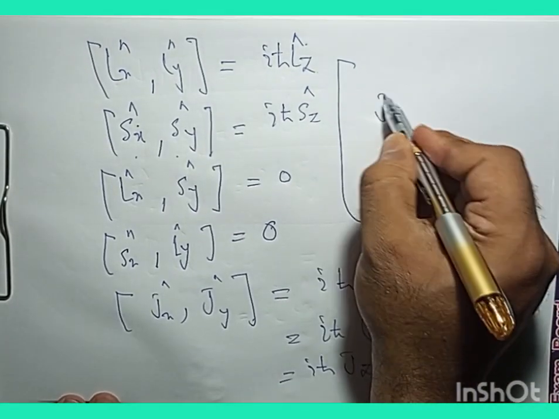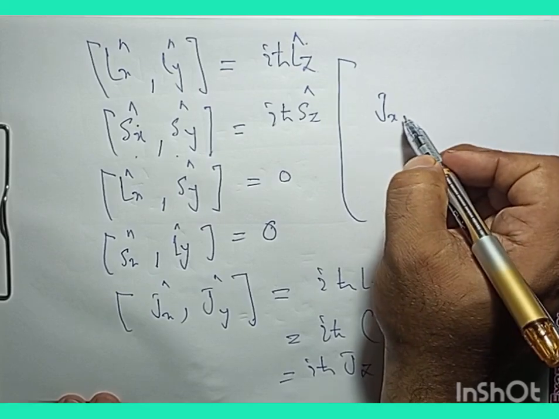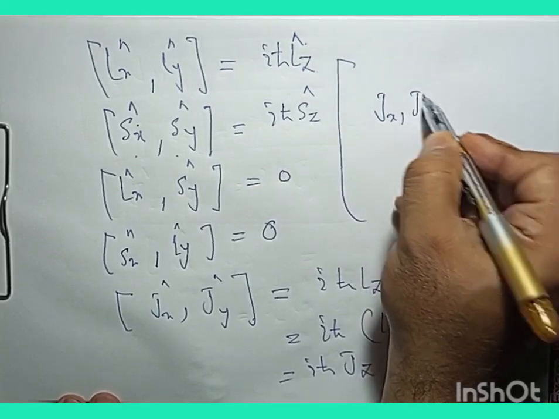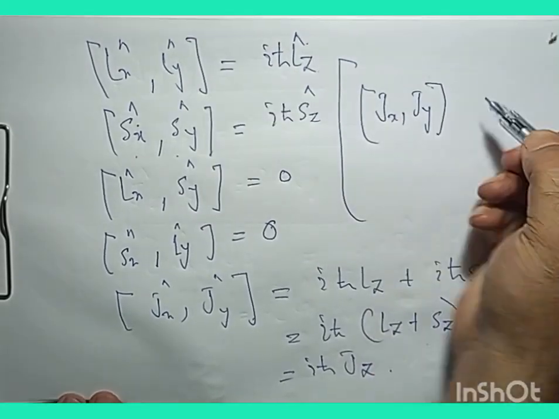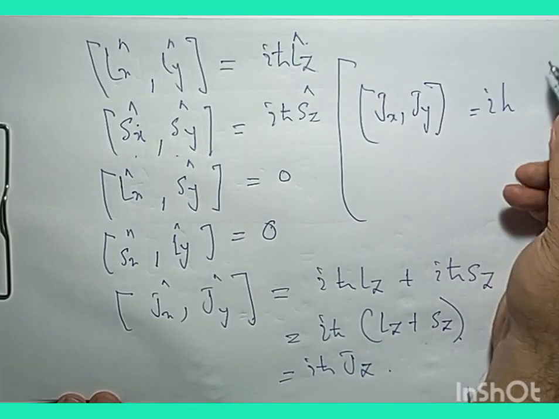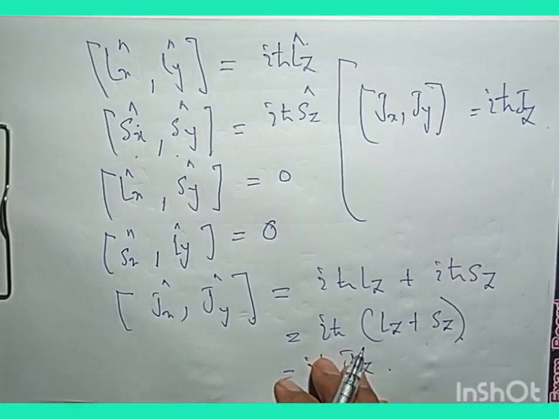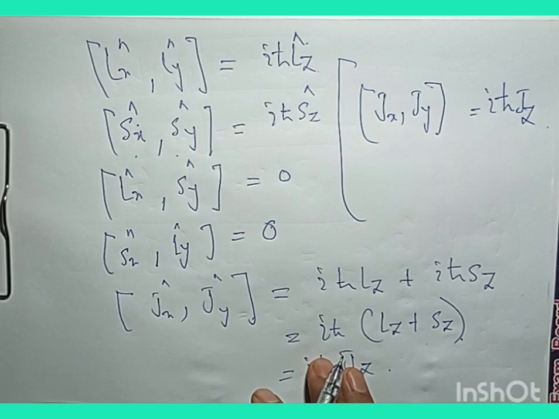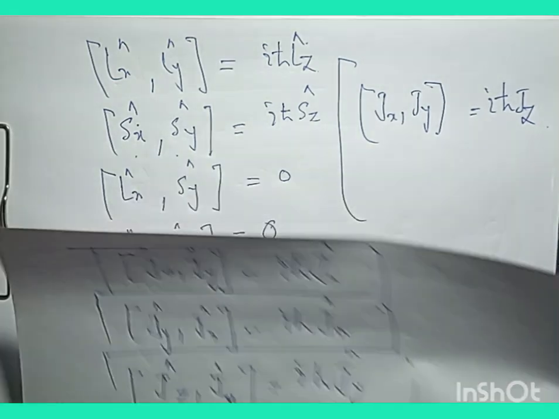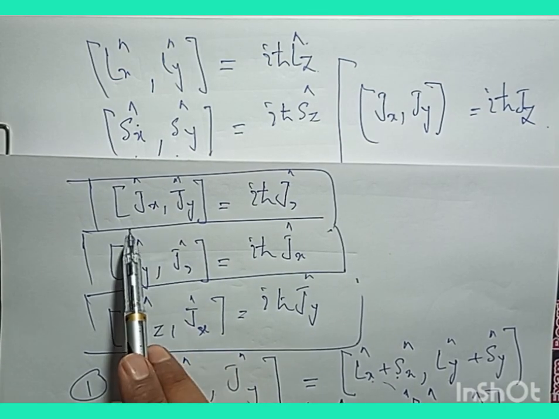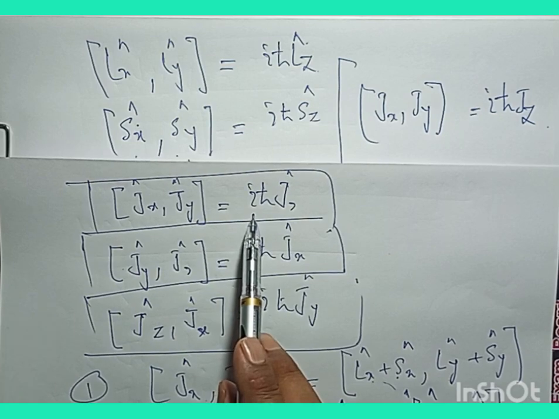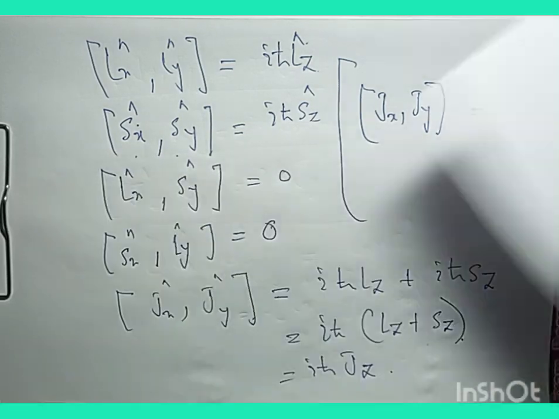It means the commutation between the components of total angular momentum Jx and Jy is simply iħ Jz. So this is the proof of the first commutation relation that we had, Jx, Jy gives us iħ Jz.